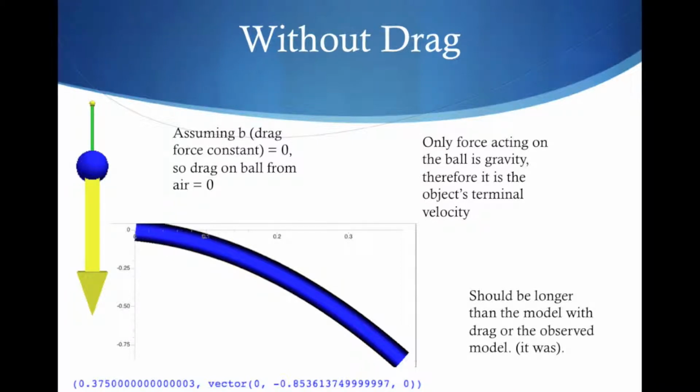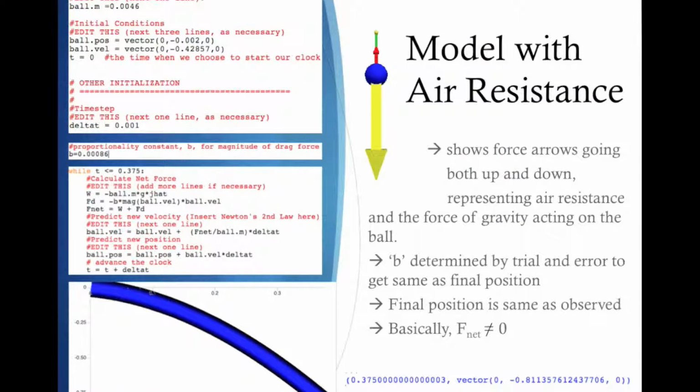It should reach a longer distance than the observed model predicted, and it did. And when you look at the actual model, the only arrow on there is the arrow pointing down, which is gravity. You can see down at the bottom that the position is negative 0.853, which, as I'll show you in a second, is longer than what my observed was.